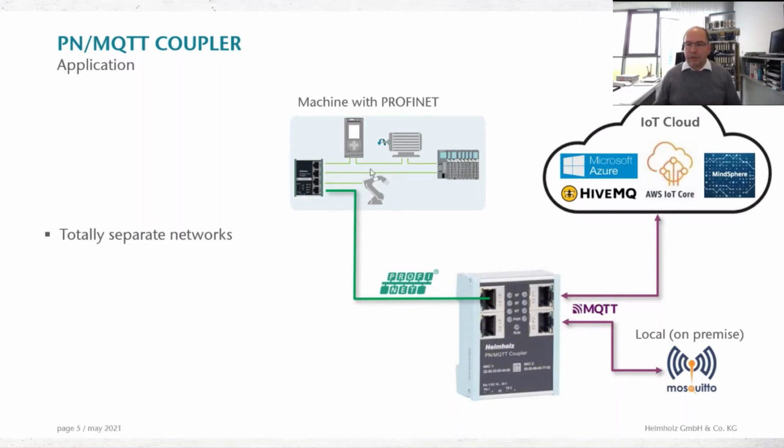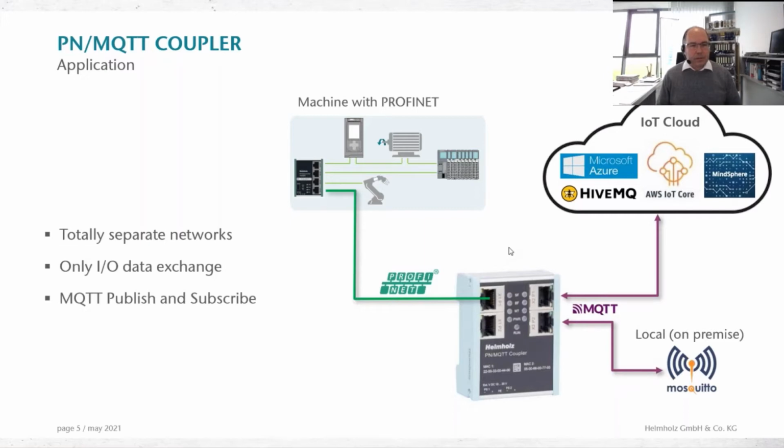So you have one network on the PROFINET side and the second network on the internet side, and these are not connected. This is totally important. You only exchange IO data. So you have PROFINET IO data, which is communicated over the PROFINET network, and this IO data will be copied to the MQTT side and sent out or received by the MQTT protocol.